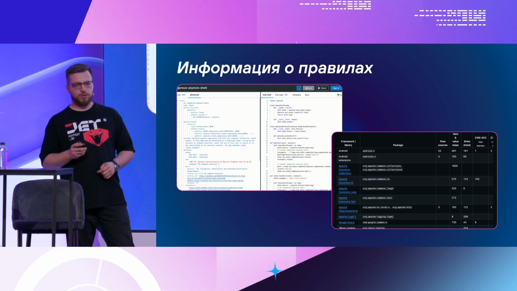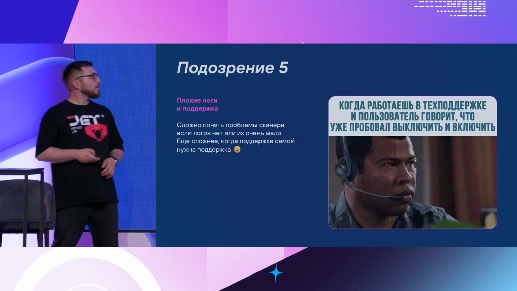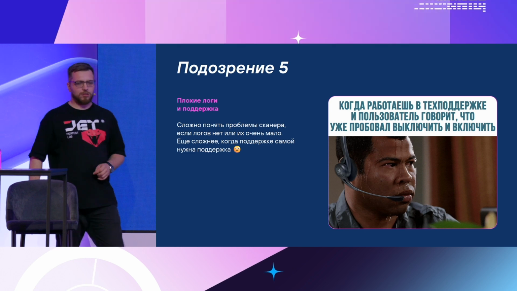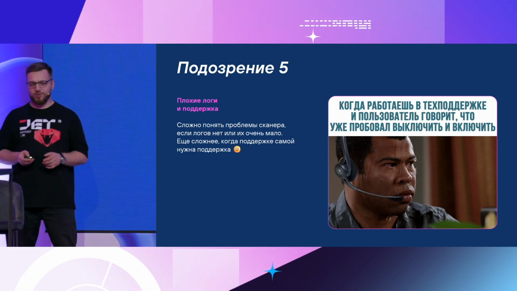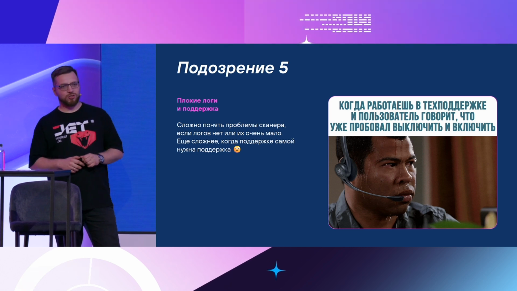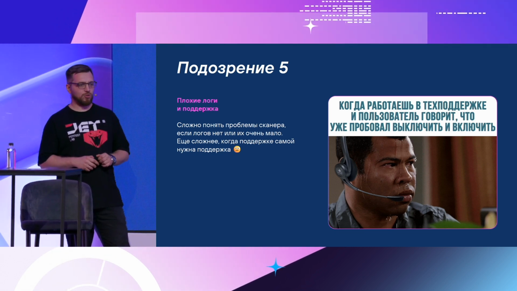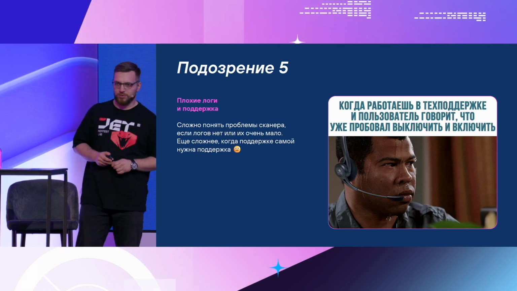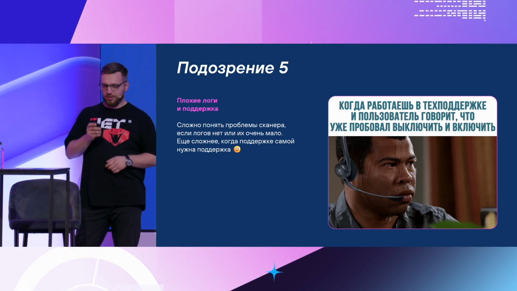And those which are not in the table will not be analyzed by the scanner because it will not understand them. And a classical problem, suspicion 5, most of the tools have it. Unfortunately, technical support doesn't use the tool, and you have to support the tool yourself on your own.